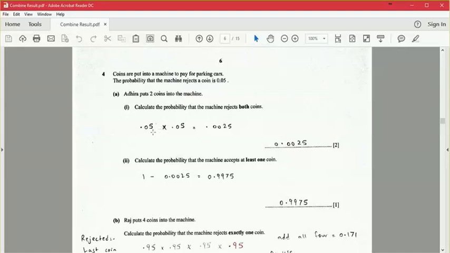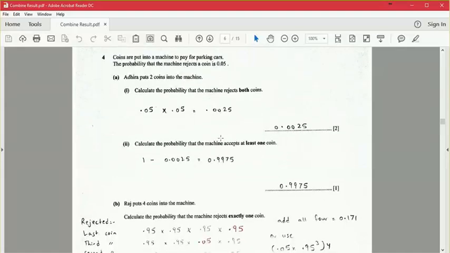So 0.05 times 0.05 equals 0.0025. Then calculate the probability that the machine accepts at least 1 coin. So it's 1 minus 0.0025, 1 minus the probability that it rejects both coins, because we want it to accept 1 coin or both of the coins.